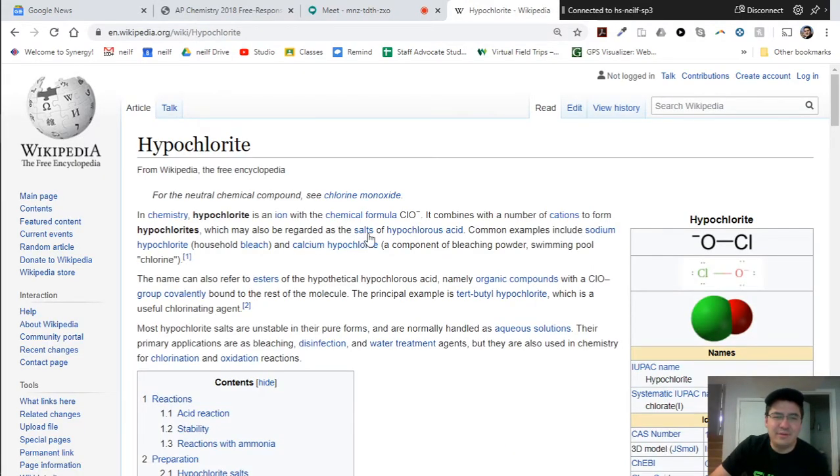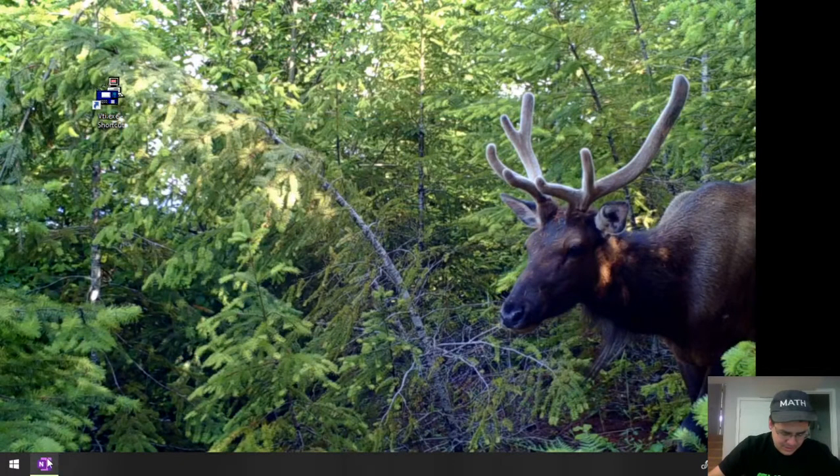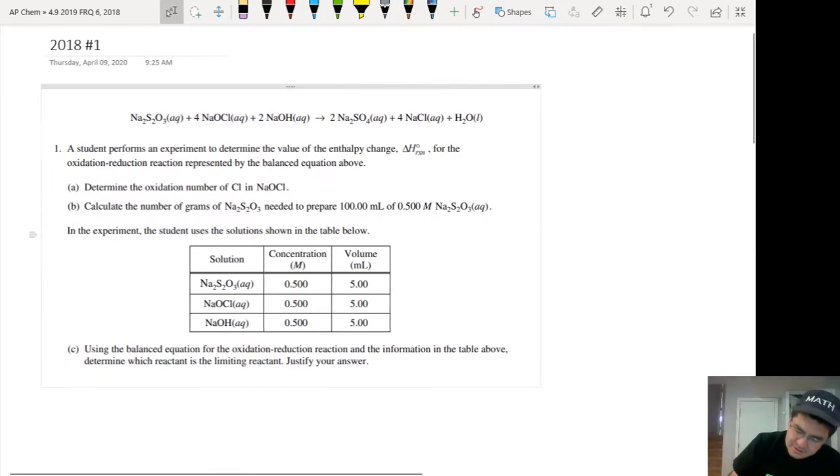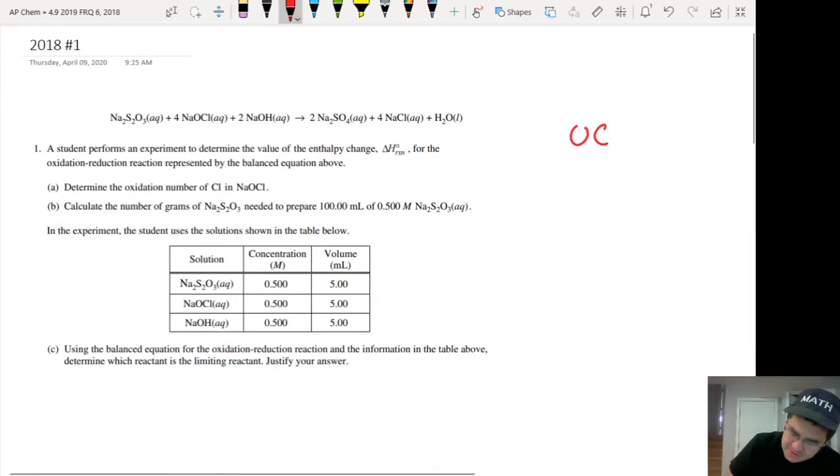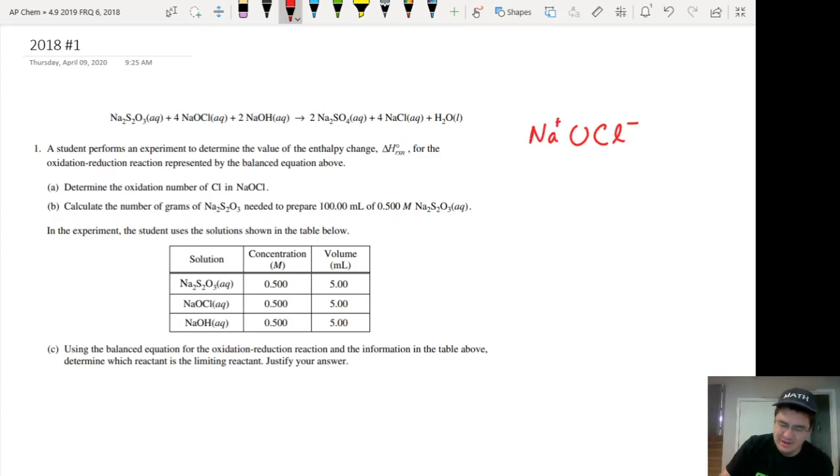And it's weird that they wrote it this way because usually most chemists write it ClO minus, and that's how it was on our orange ion sheet last year and everything. So let me go back to my whiteboard. So it says OCl minus is paired with a Na plus, and it wants you to determine what is the oxidation state of that. Not the O, the Cl.